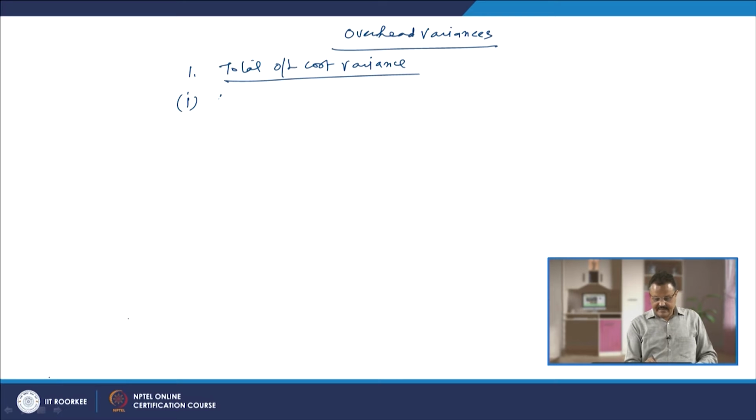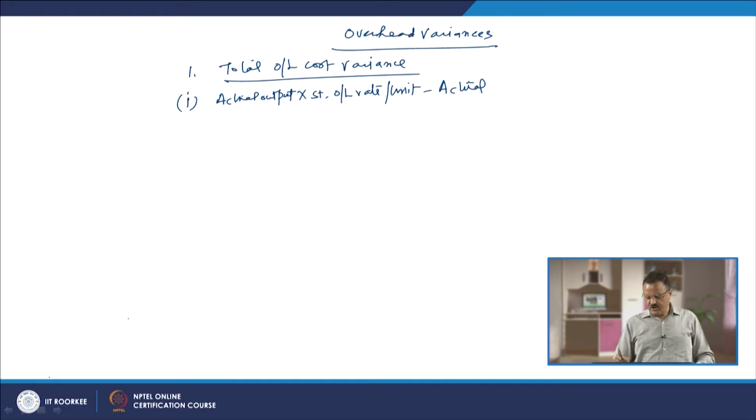The formula is actual output multiplied by standard overhead rate per unit, minus actual overhead cost.